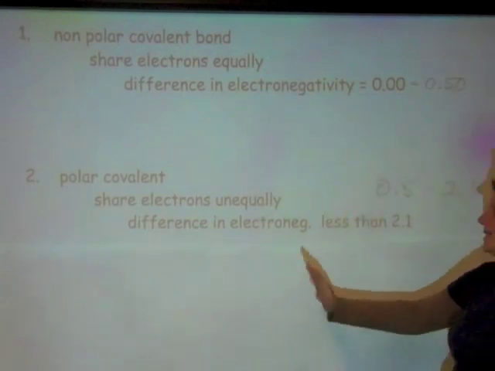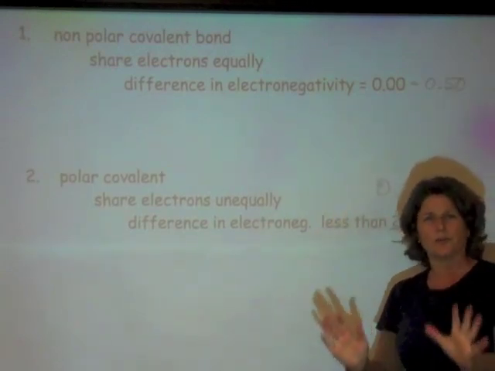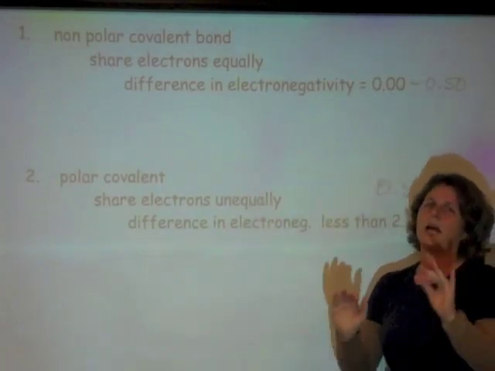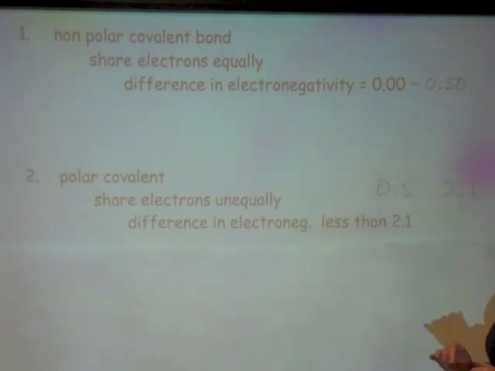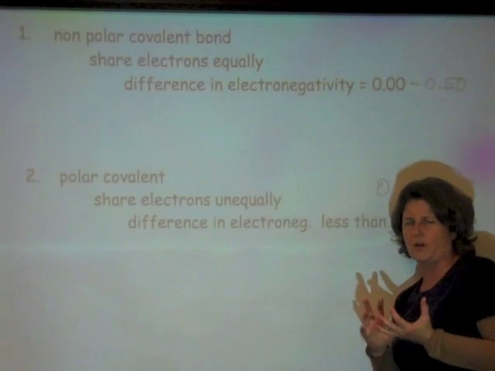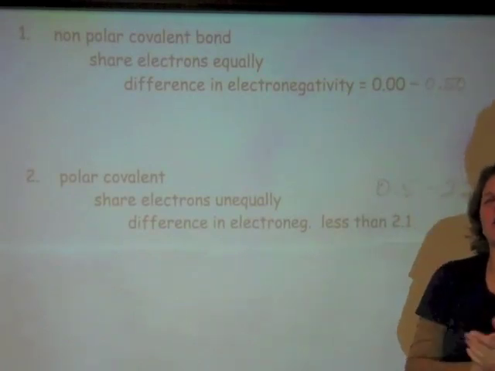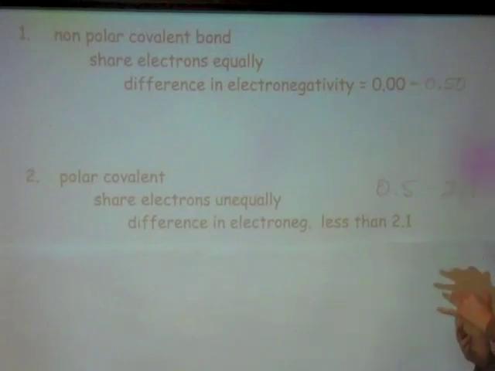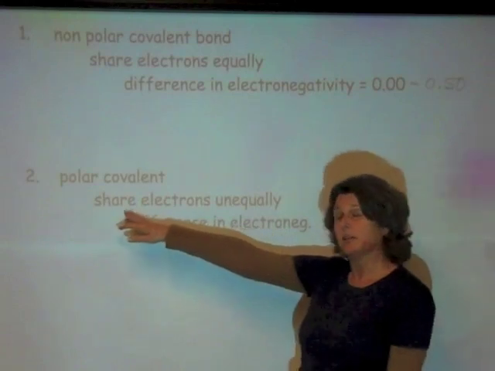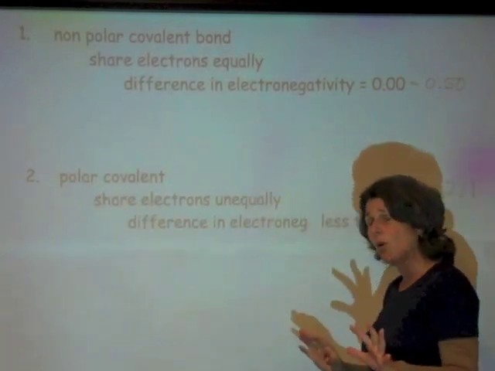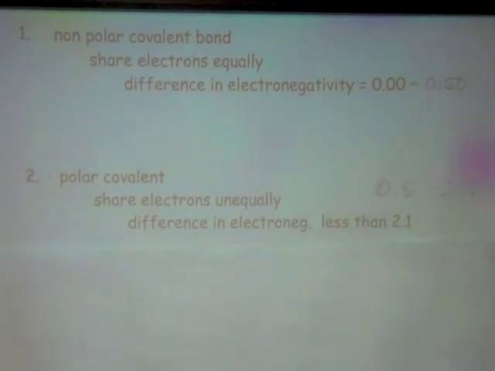But these are not the picture of the perfect kindergarten pair. Okay, they are not sharing equally. They are bad sharers. So the pair of electrons is actually staying around one of the atoms more than the other. They're still sharing, but we say that it's polar. There's poles, and I'll show you in a minute what I mean by that.